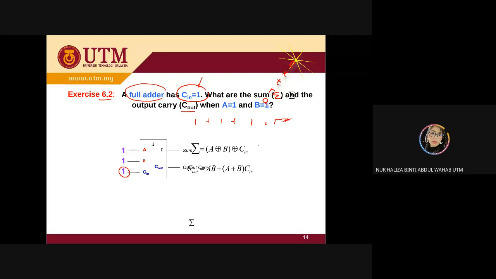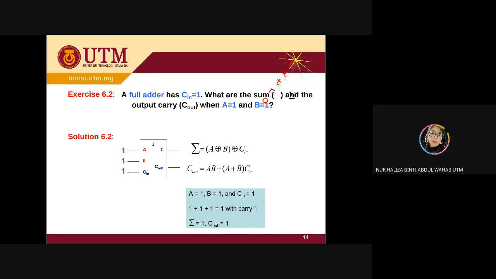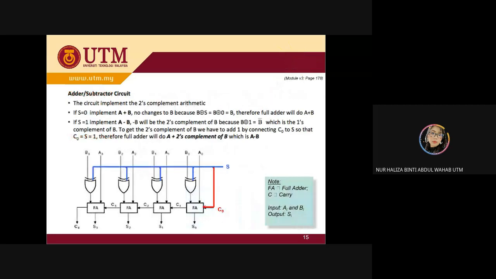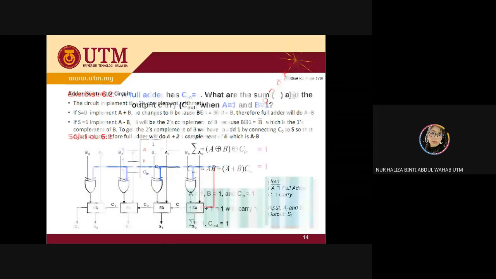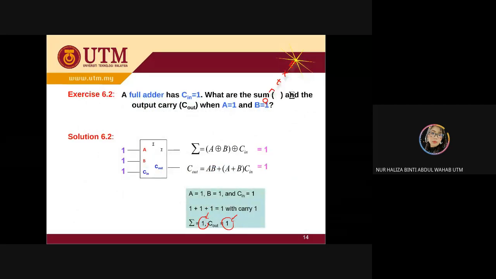So you have the sum of 1 and carry of 1. You can try also in your simulator. You can see here, this is your carry of 1 and the sum of 1. Okay, any question until here?